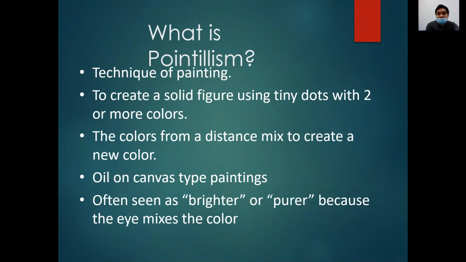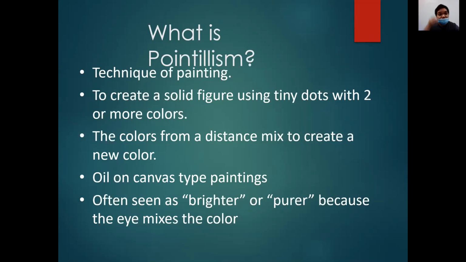learning what pointillism is. It is a technique in painting to create a solid figure using tiny dots. If you remember the methods on how to create value, we have stippling. Stippling is a kind of pointillism that uses dots, with two or more colors.